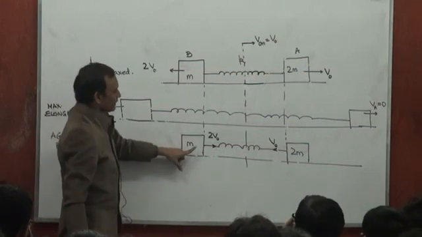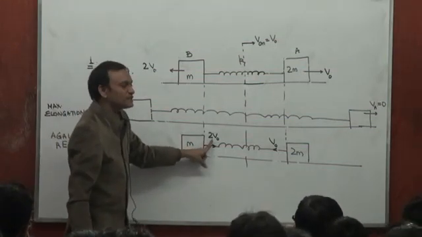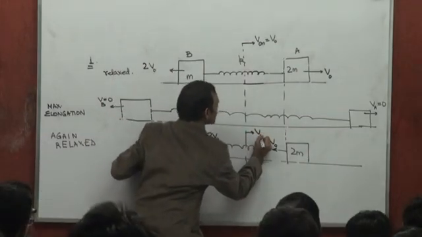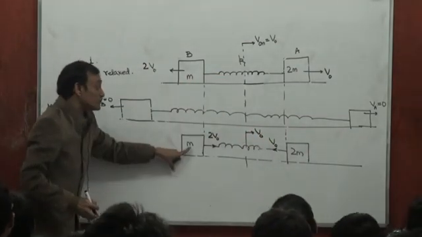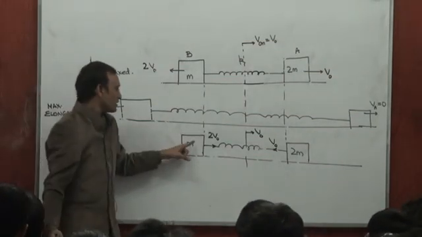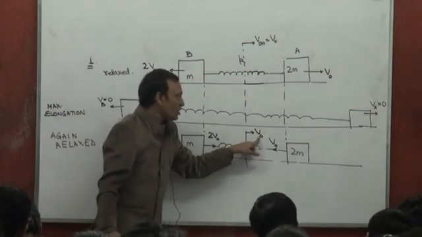So then, if the velocity of small m in the center of mass frame is 2V naught and the velocity of the center of mass itself is V naught, then what's the velocity of m in the ground frame? 3V naught precisely. This is the relative velocity plus the velocity of the observer.